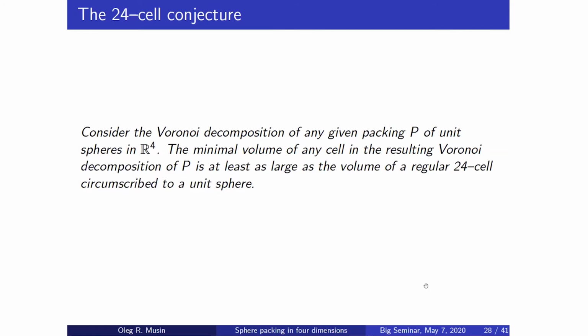And we consider the Voronoi decomposition. Look at the Voronoi cell of the central sphere, right? And we have to prove that the minimum volume happens when the spheres around the central sphere are at the vertices of a regular 24-cell.